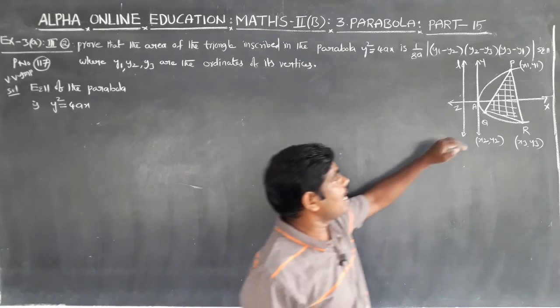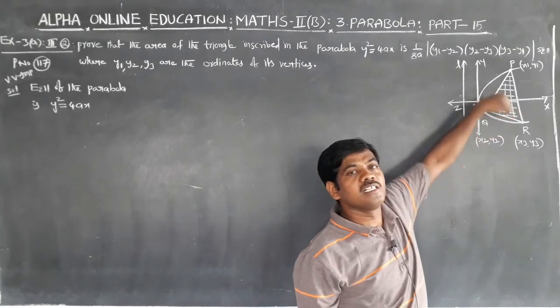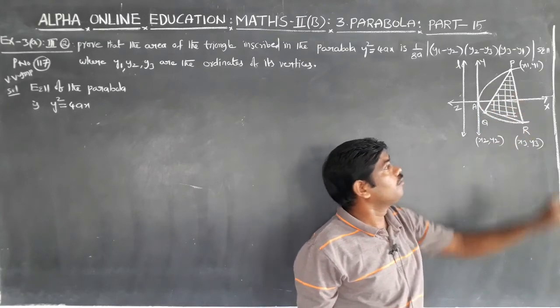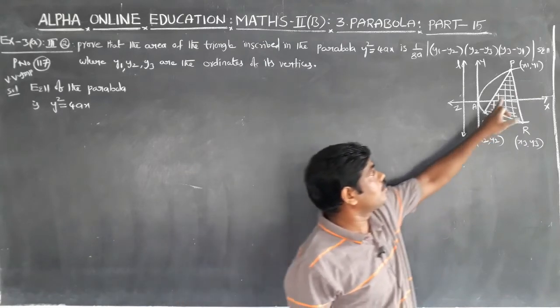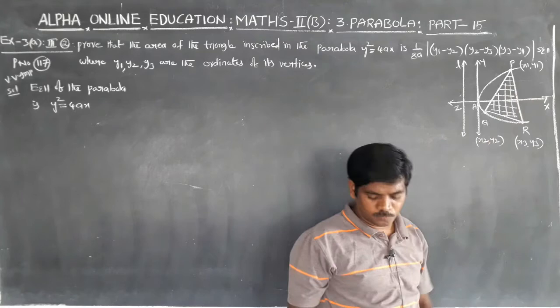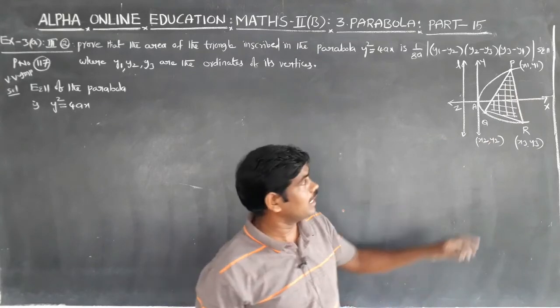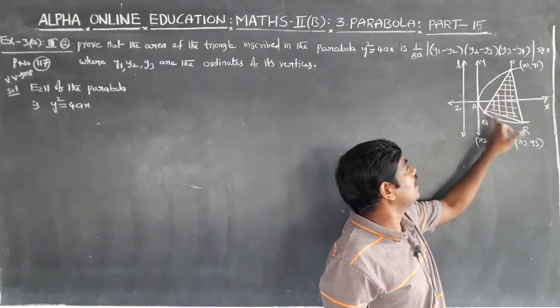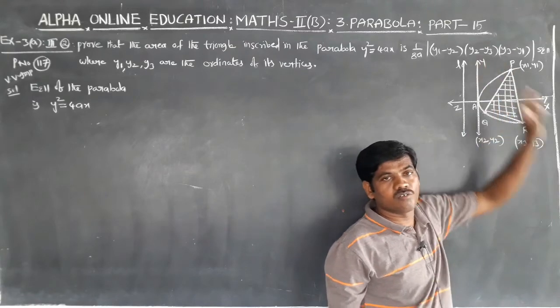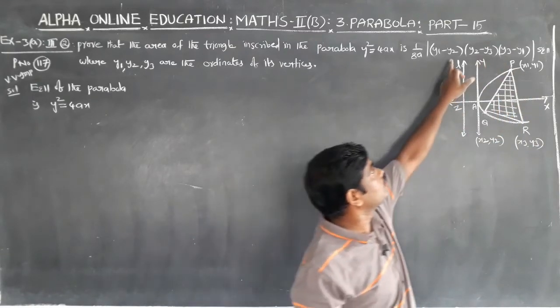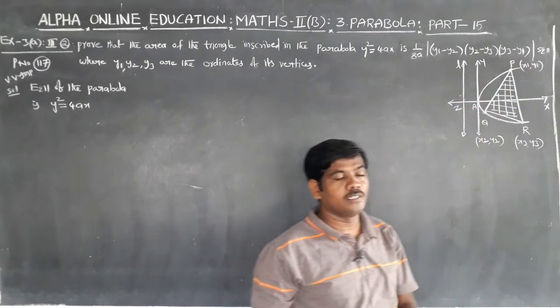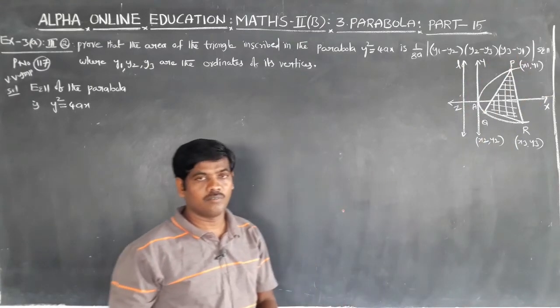Here a triangle is formed, inscribed in the parabola y square is equal to 4ax. Here we prove that the area of the triangle PQR is equal to 1 by 8a mod of (y1 minus y2) into (y2 minus y3) into (y3 minus y1).